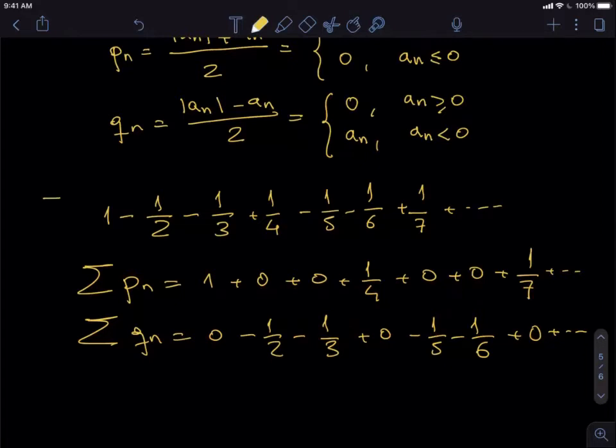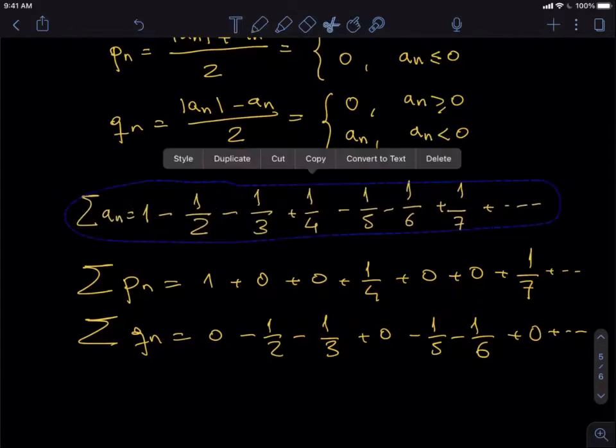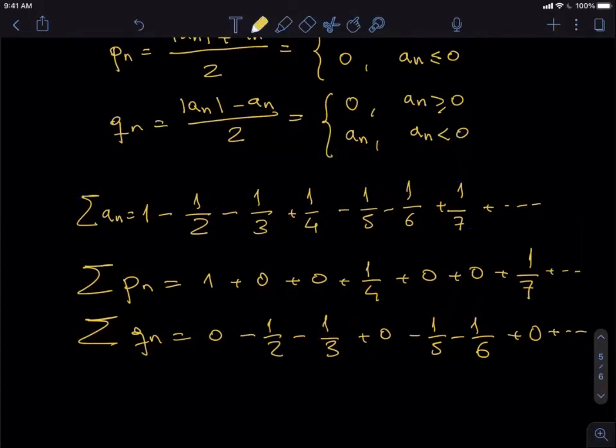This will be the sum of a_n. Again, this is an example and not properly part of the proof, so let's put it in parentheses.